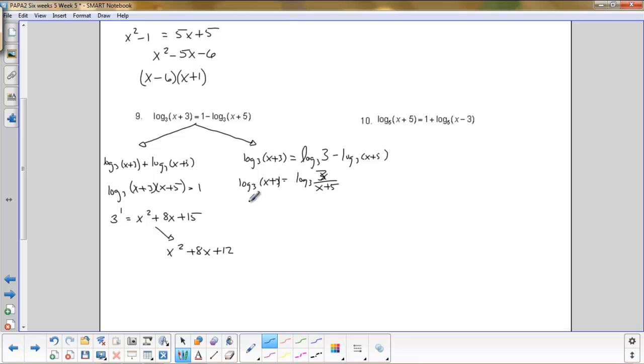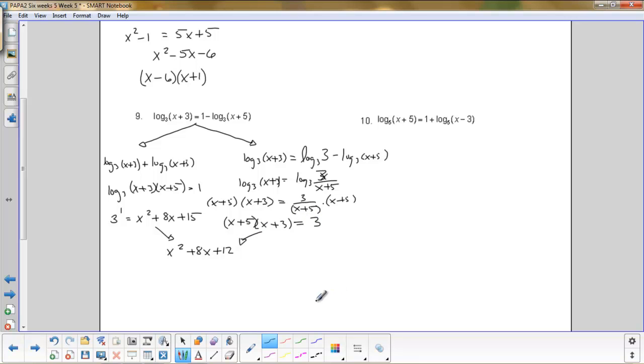So now I get x plus 3 equals 3 times x plus 5. And now I get the exact same factorable trinomial as I did the other way.